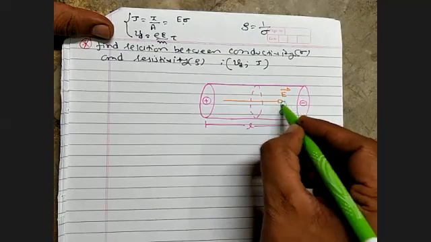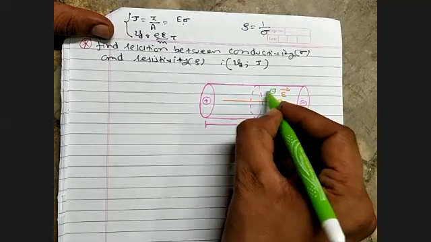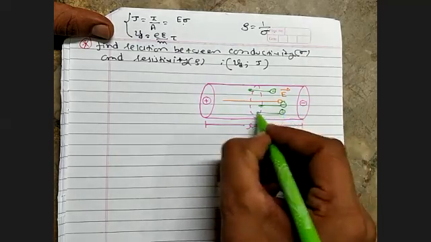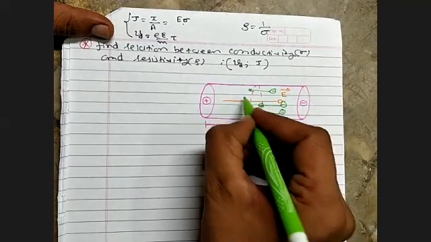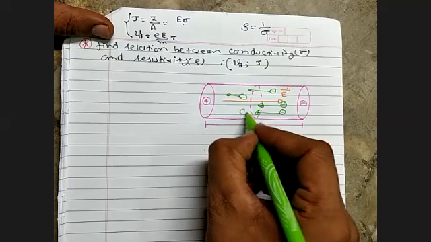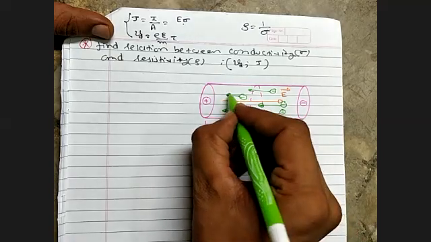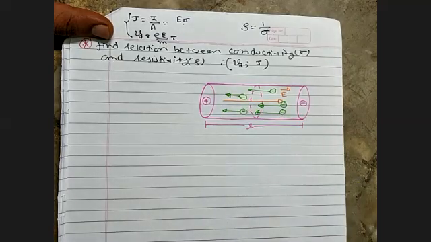So the motion of an electron is opposite to the electric field.